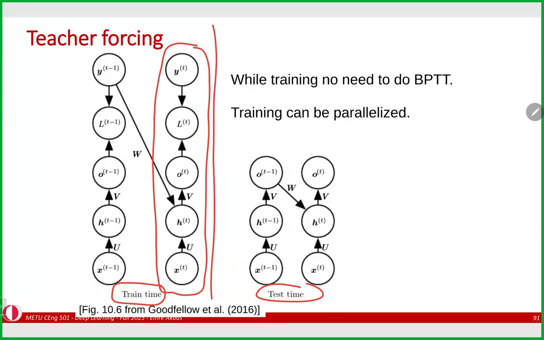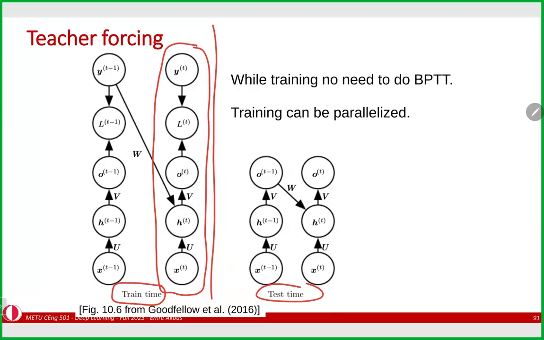Named entity recognition, yes. Each word has a tag. And these are all available to you in the data set beforehand. That's why you can parallelize this training. For each word, you know its label, and you know the label of the previous word. Now you can train this network in parallel.